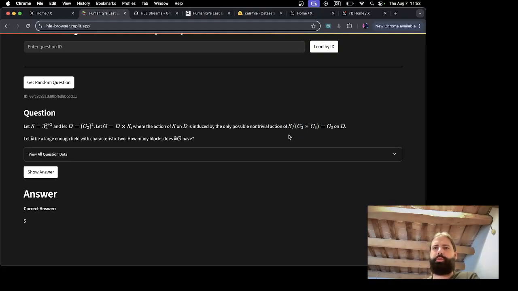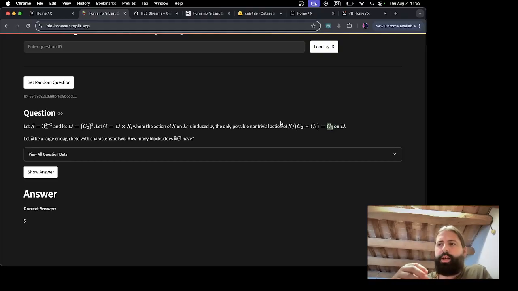Actually, I think we'll definitely need a few more sessions, because this is essentially saying S, so it's reusing the definition of S over this C3 squared, which apparently equals C3. And C3 is, I think, a known group on D, but D is just C2 squared, right? So I guess first we need to understand what is this only possible non-trivial action.